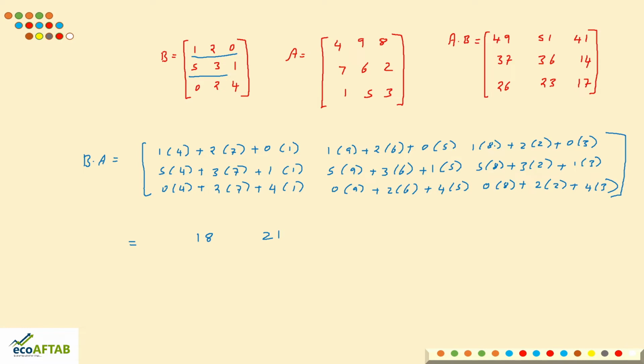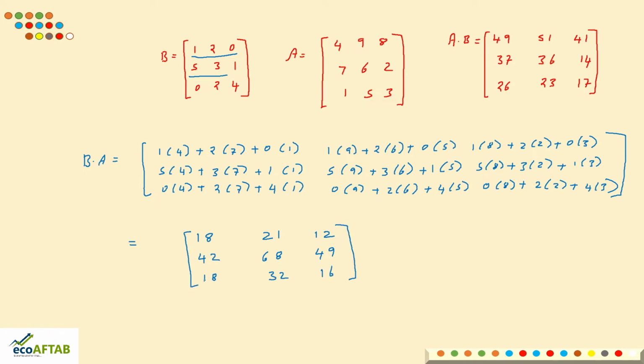And lastly, 8 ones are 8 plus 2 twos are 4. 8 plus 4, that is 12. Similarly, the next we get is 42, 68 and 49. And lastly, what we get is 18, 32 and 16. So this is what we got.